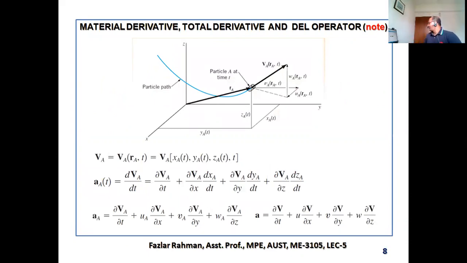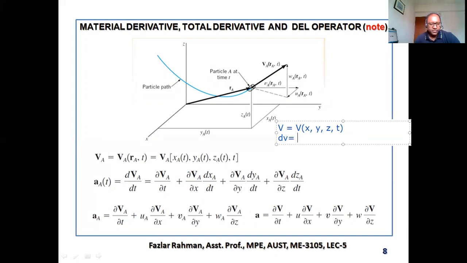Right over here it is showing that, say, you have a function, velocity V, and this velocity V equals V as a function of x, y, z, and time t. In that case, how can you figure out dV? Anyone, how can you figure out dV?